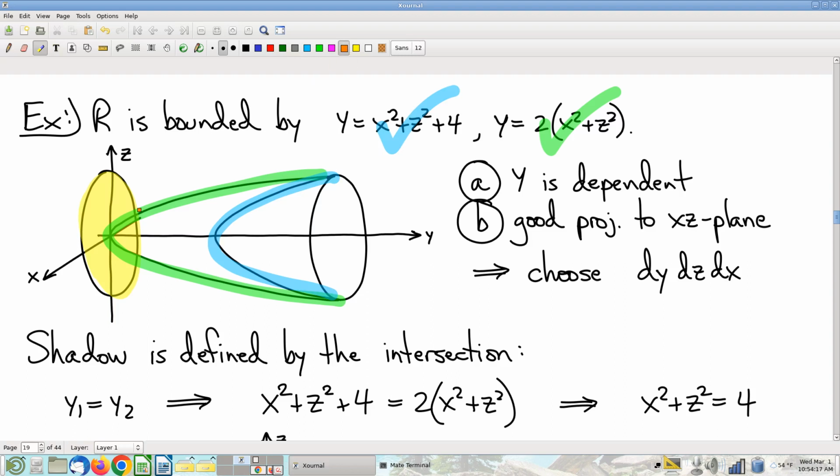As I move perpendicular, from a given point in my projection, as I move perpendicular to the inside axis, moving in the y direction there, my y bounds are going to come, lower bound from the green surface, upper bound from the blue surface. Is everybody happy? So I like the projection point of view much better on this one.